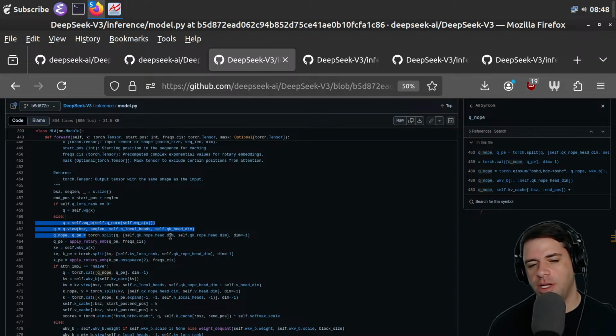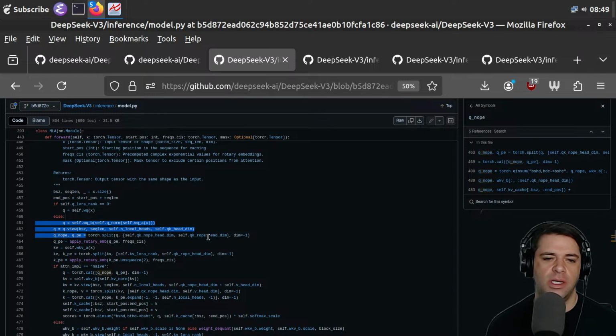I don't think it's related to rope, although I don't know. No op, I don't think. I'm not sure. Maybe we'll figure it out. Essentially, we're just splitting up Q, passing in something about the head dimension of QK.